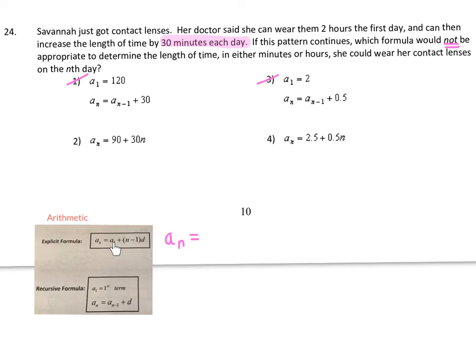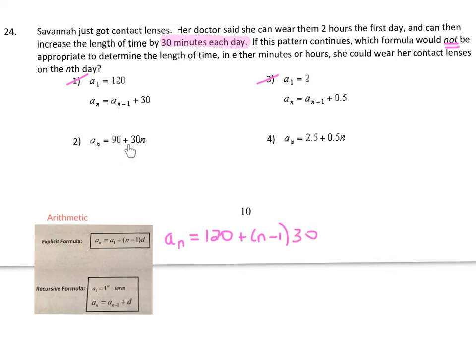Now the first term in minutes would be, if we took 2 hours and converted it to minutes, 2 times 60 is 120. That would be 120 minutes, okay, just like we said over here. The first term is 120 minutes. Okay, and let's just follow the format of this. So plus n minus 1 times d. Well, the common difference in terms of minutes would be 30 minutes, okay, 30 minutes per day.